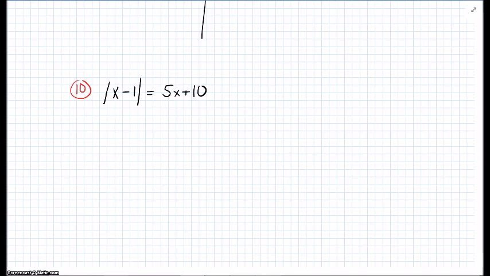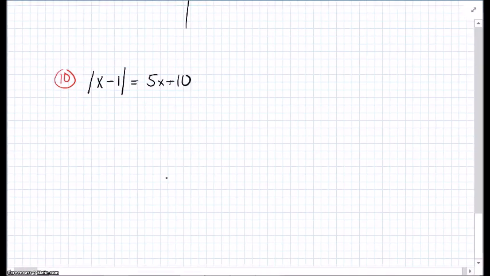Next problem. Alright, going to number 10. It says solve each equation and check for extraneous solutions. Since the absolute value is already isolated on one side of the equation, and you notice the variable outside of the absolute value sign, this is a time to check for extraneous solutions. Again, solutions that we can work, but actually don't solve the problem.